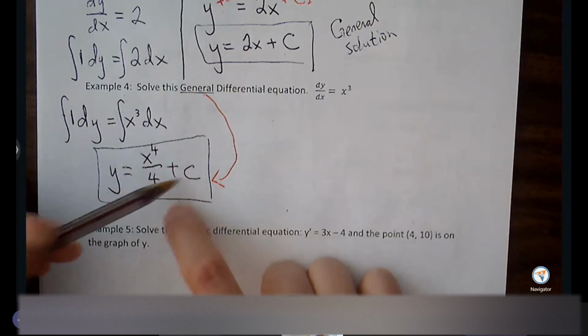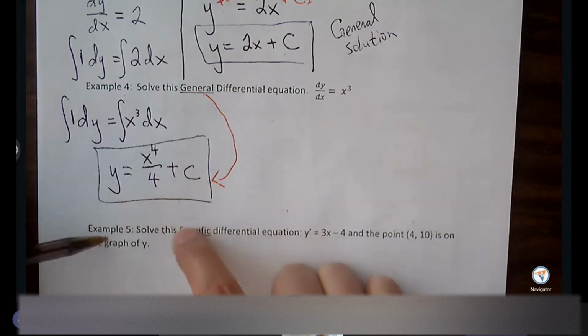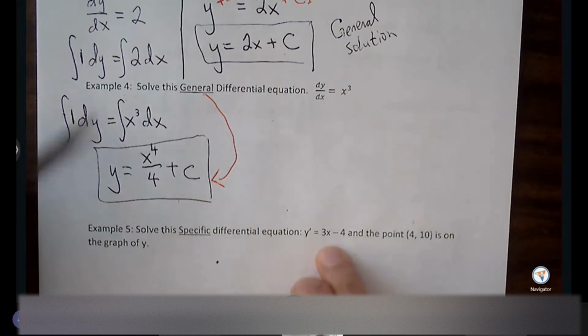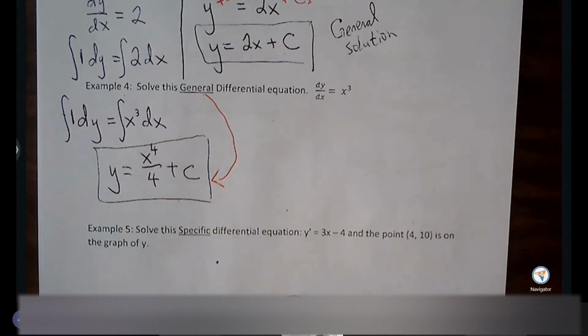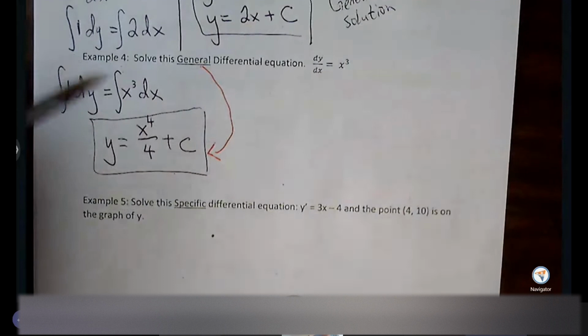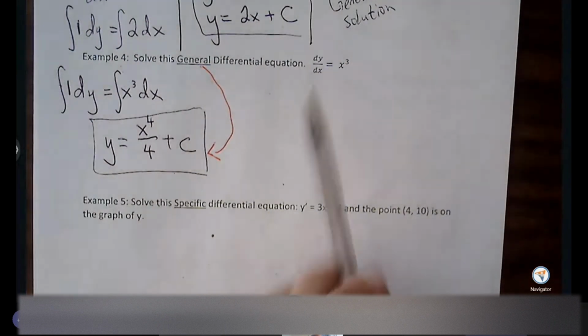Once we replace the c with a number, then we've changed our general to a specific solution. But if it's asking for a specific solution, we're going to do the same things initially. We're going to try to get to our general solution, and then from there, decide what to do. So we'll go through our steps the same way. Y prime, let's rewrite it as dy dx.